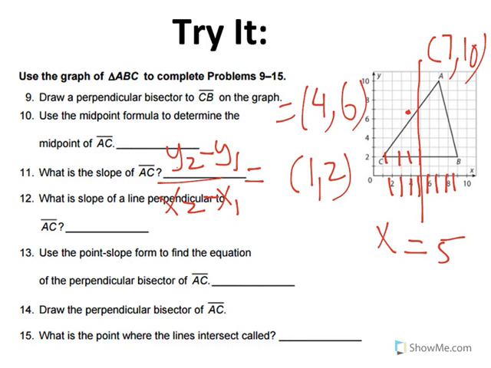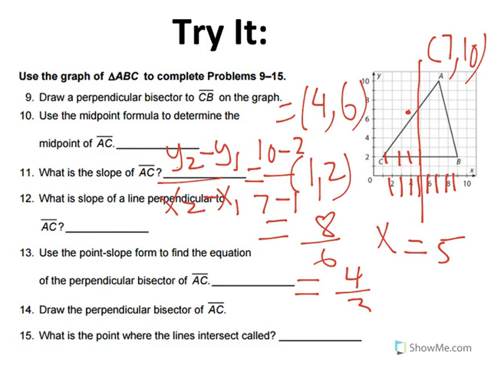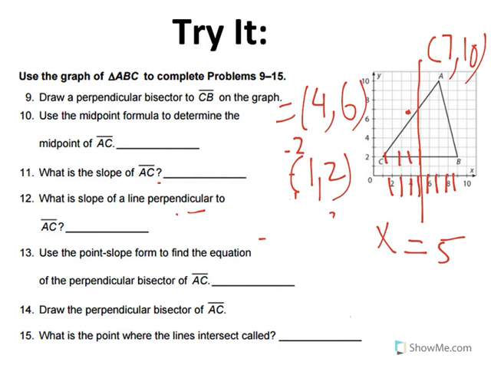Okay, so then we have 10 minus 2 over 7 minus 1. So then this gives us 8 over 6, so we can reduce this to 4 over 3. Okay, so let me erase this. So then the slope is 4 over 3, and the midpoint we said was (4, 6).